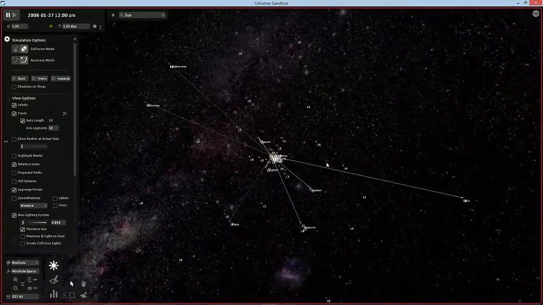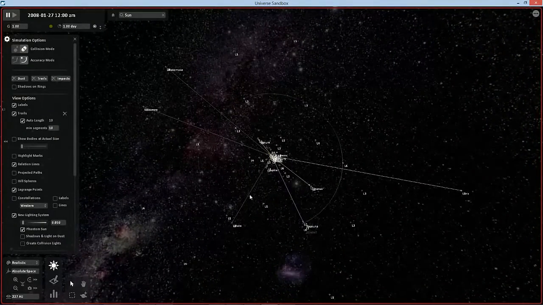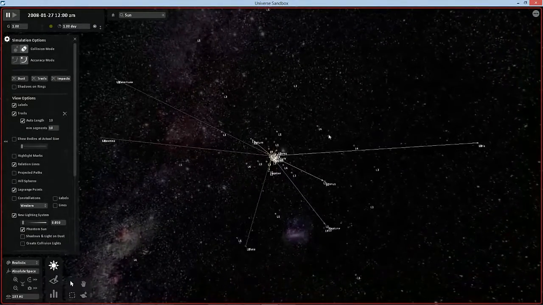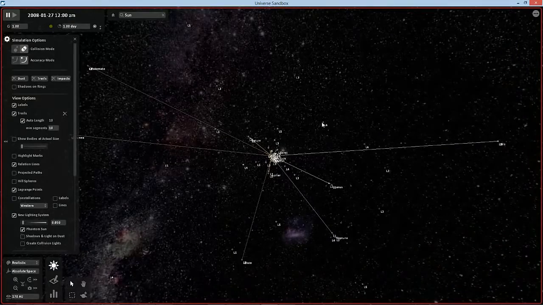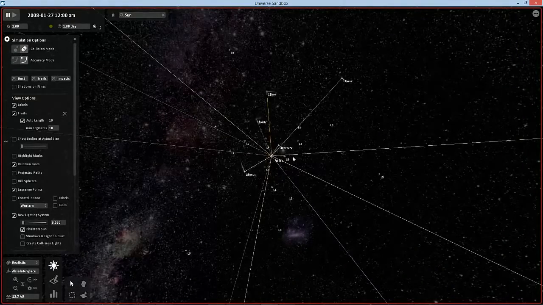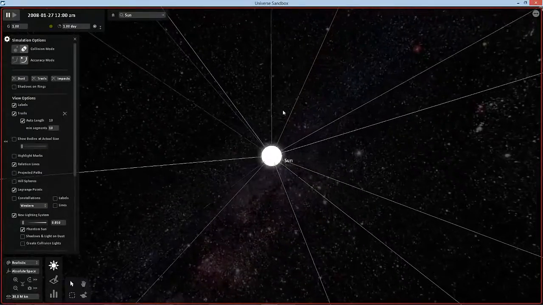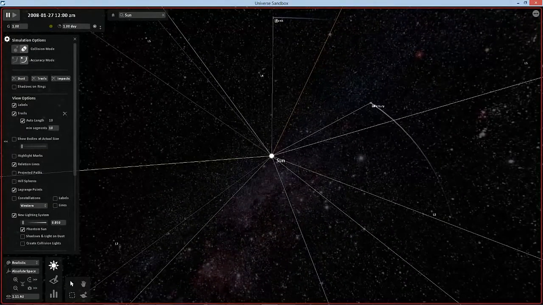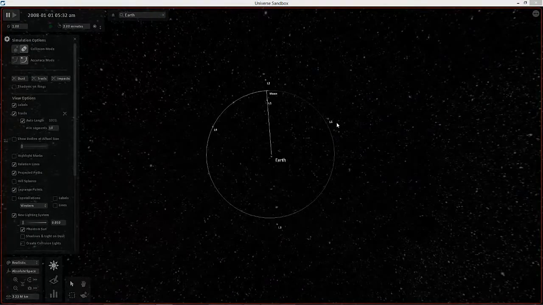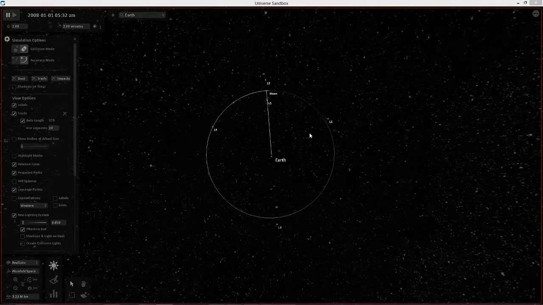Remember, L4s and L5s are stable and things will stay there, relevant to whatever the L4 and L5 is around. It's important to note that L4 and L5 are around 60 degrees from whatever it is.